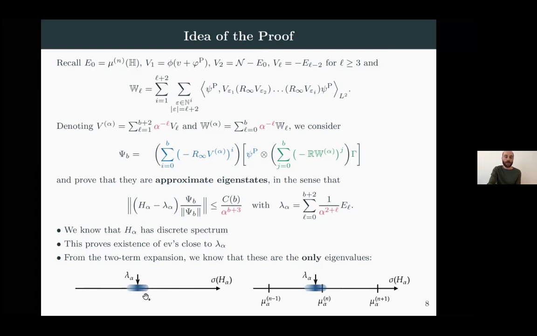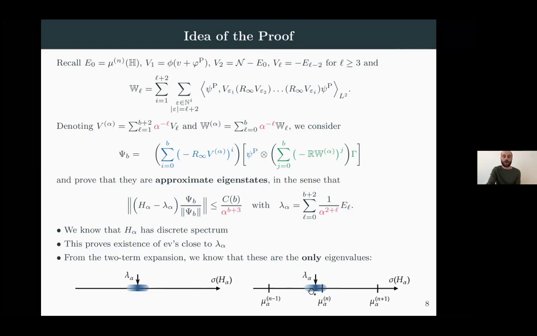So now we know that around these values lambda, there is a small window where the operator H alpha has to have an eigenvalue. And now we can combine this with our first result about the two-term expansion of the eigenvalues. In fact, this two-term expansion already gives us a sufficiently good a priori localization of the eigenvalues so that we can conclude that the only eigenvalue that's allowed to live in this small window around lambda has to be the nth eigenvalue of our operator.